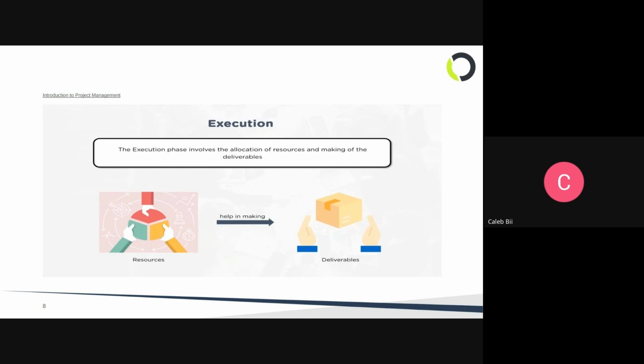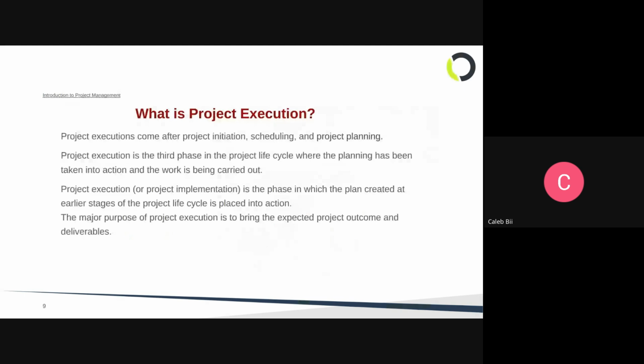Your main work now is to oversee and ensure that the resources you have will actually be used to obtain the deliverables at the end of the project. This is the main thing that happens in the execution phase. This is the main work, and it's actually done by your team members. Your main work here is to oversee them and ensure that everything is in place and all the deliverables are being met. So that is for execution.